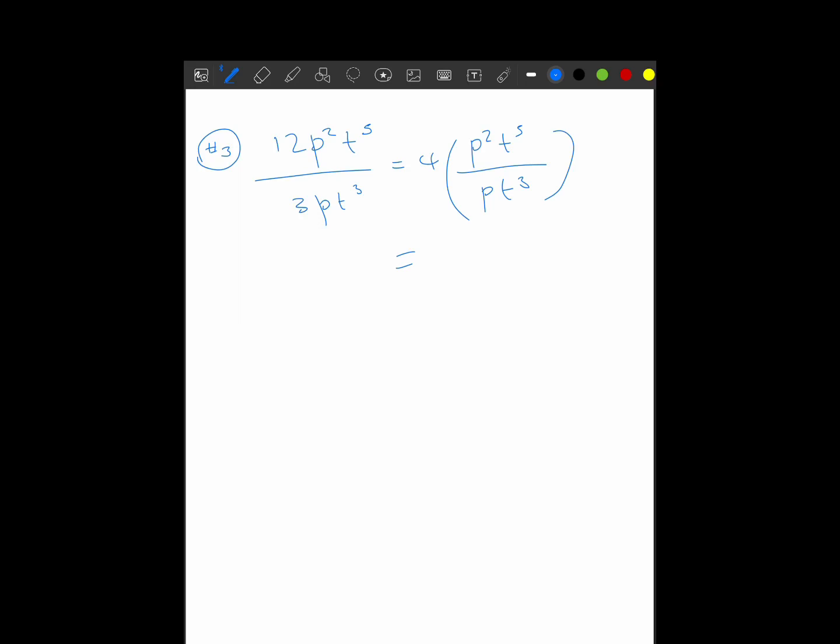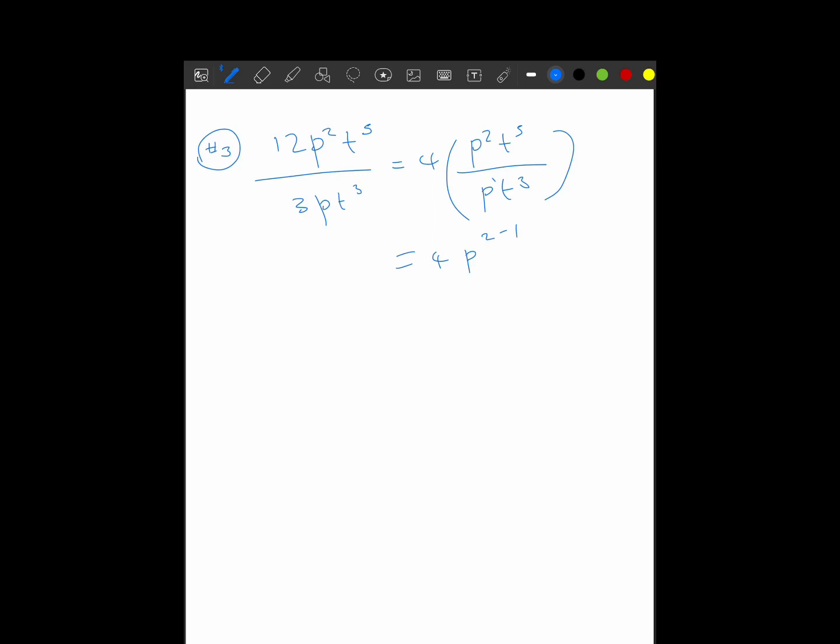Great. Now let's apply our laws of exponents. Remember, you're looking at the bases that are the same. So p and p are the same, and you're dividing. So what are you going to do with the exponent? You subtract. So it's going to be p power 2 minus 1. Remember, p is equal to p power 1.